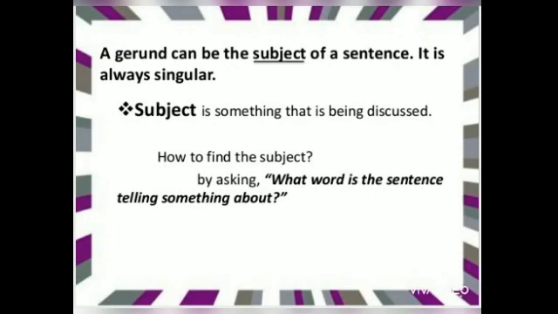So, we have to find out what the sentence is telling us about. For example, jogging is good for health. Jogging is the word with ing and we are talking about jogging. It is the subject of the verb. So, it is called the gerund.